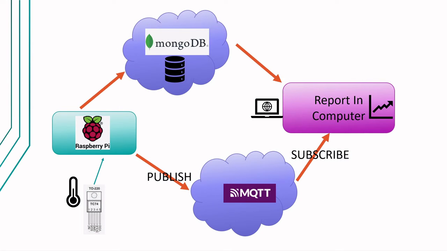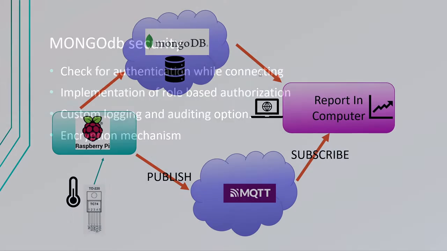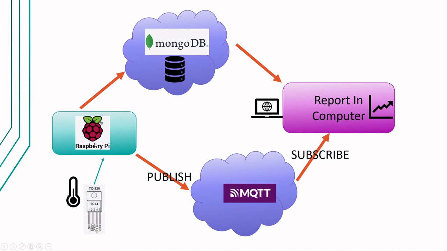This has been the architecture used to design this project. TC74 has been used as a temperature sensor, which is passed into the Raspberry Pi, and it has been published to the MQTT broker. Using the MQTT broker, it has been published to the MQTT cloud, and the similar data has also been saved in the MongoDB.